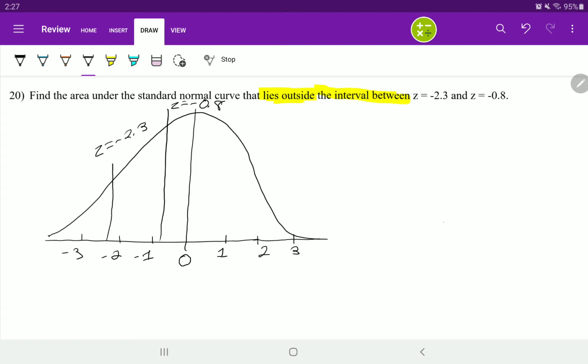Now, if you notice what it says, we want to find the area under the curve that lies outside the interval, right? So let's find the area under the curve that lies outside the interval of negative 2.3 and negative 0.8. Which means with z equals negative 2.3, I'm going to shade that to the left.